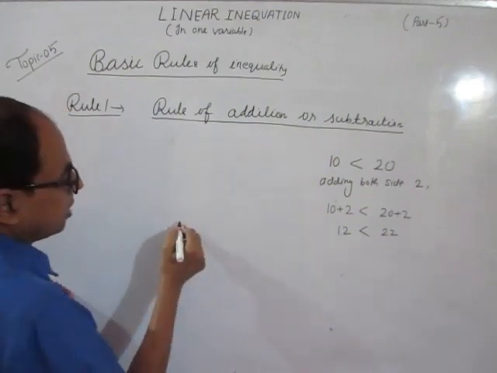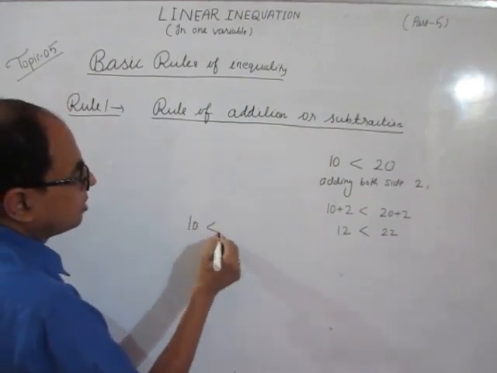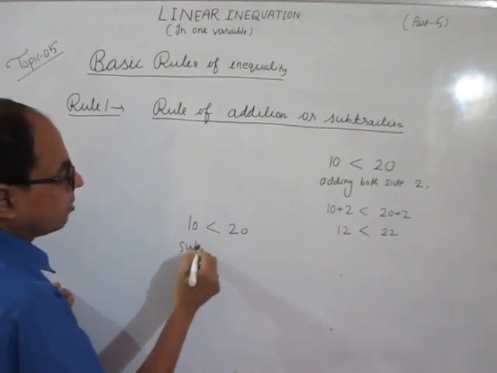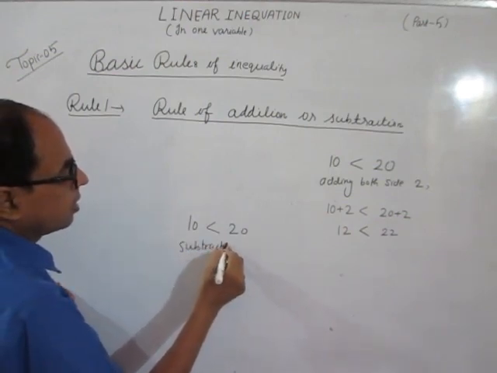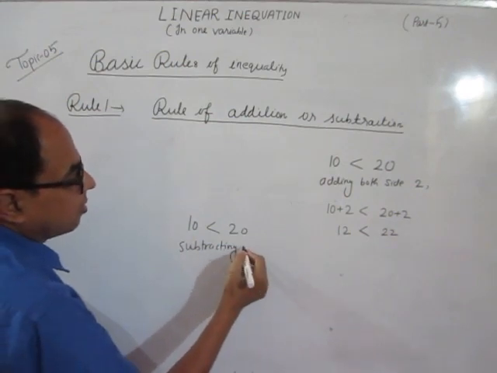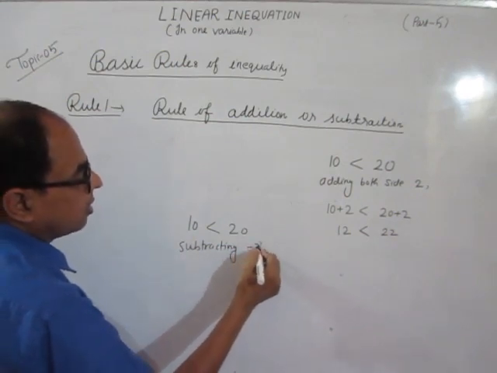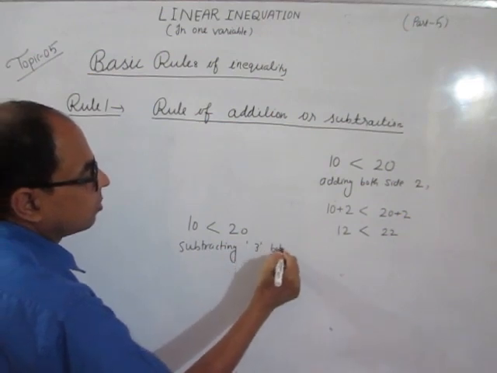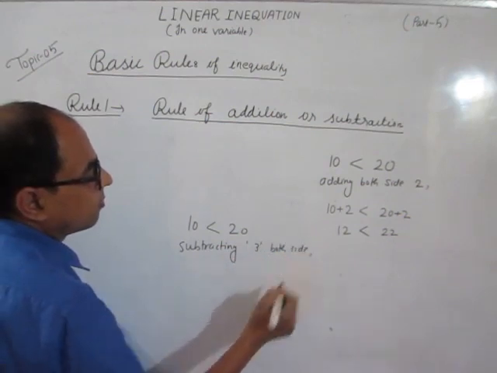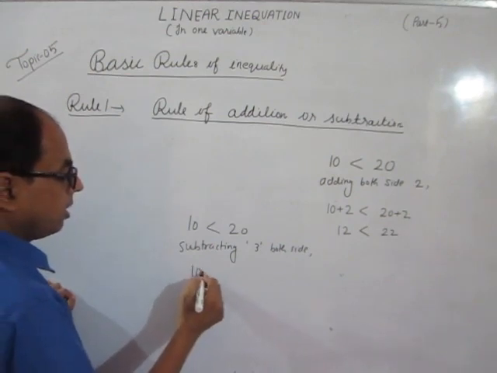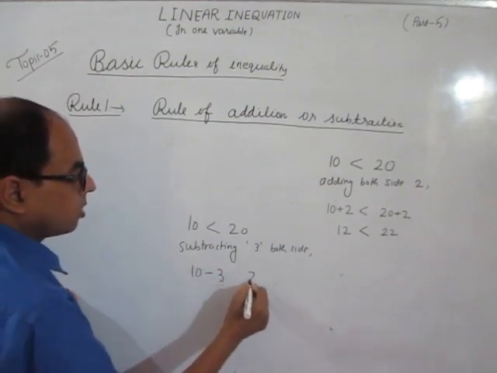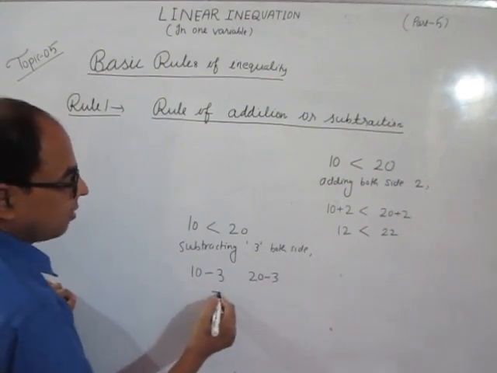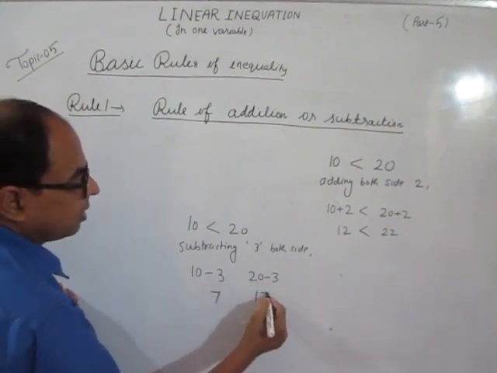Now let's take another example, 10 less than 20. Now subtracting the same number, subtracting 3 from both sides. So it will be 10 minus 3 and 20 minus 3. So 10 minus 3 will be 7 and 20 minus 3 will be 17.